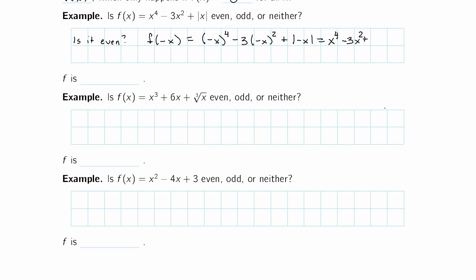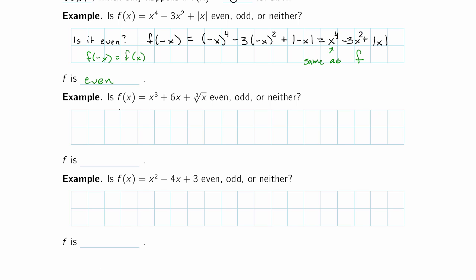So the absolute value of negative x is the same as the absolute value of x. And now we look, and we see that this is the same as f. In other words, we see that f of negative x is equal to f of x, and so our function is even. That's what we call a function that does that.